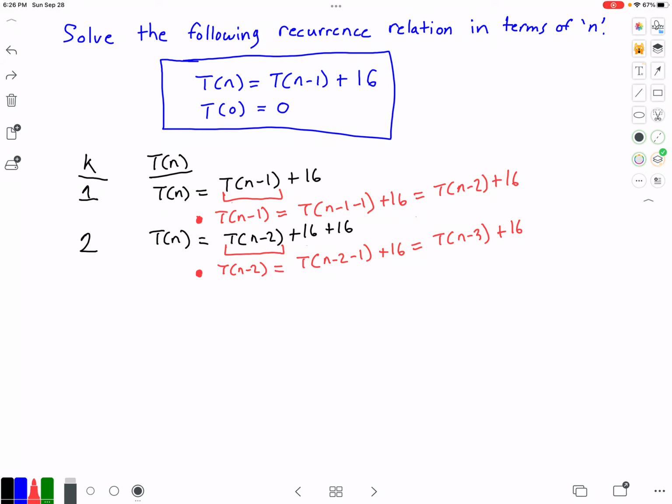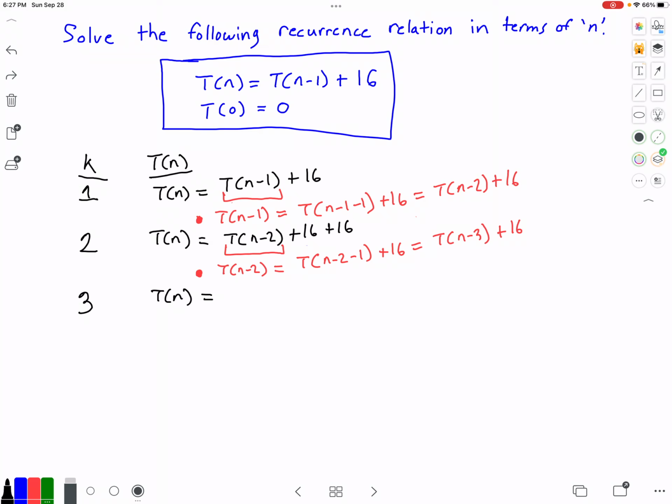Now, if I go to the third k iteration, and of course I'm going to put number 3 under our k column, then our function t of n will look like this, where we're just going to substitute t of n minus 3 plus 16 for t of n minus 2.